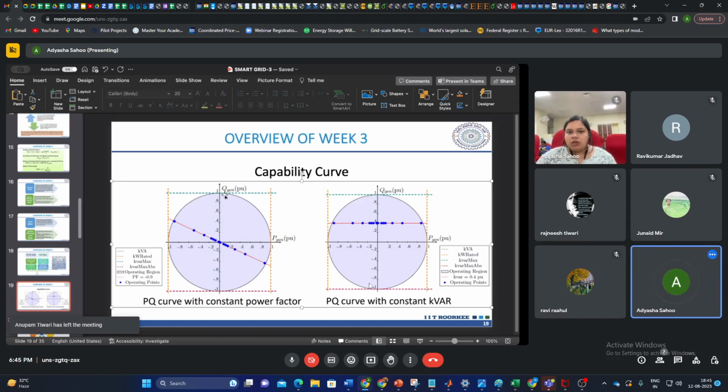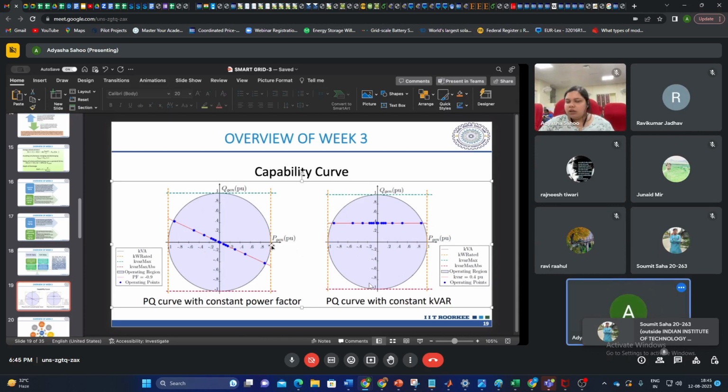The boundary is bounded by the maximum P generated, negative of maximum P generated, and similarly maximum of Q generated and negative of Q generated, which gives us a circle. So here we are having a line. This line is representing a constant power factor.